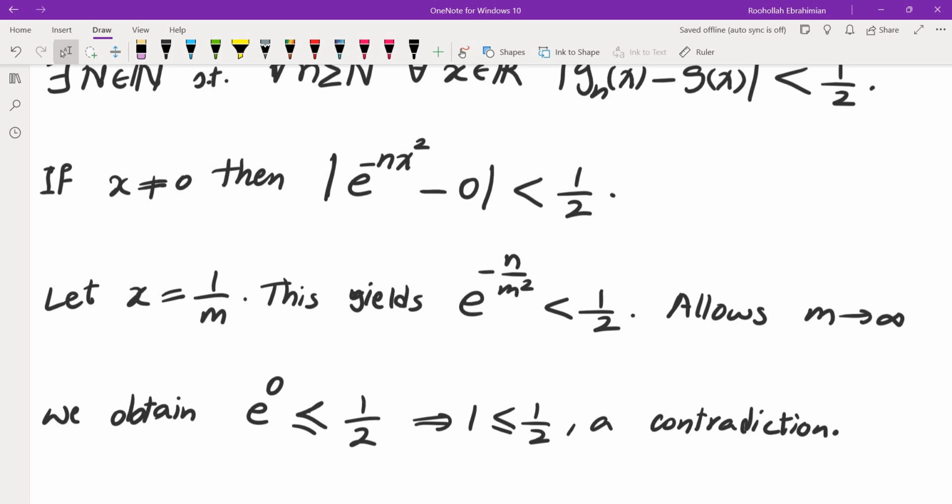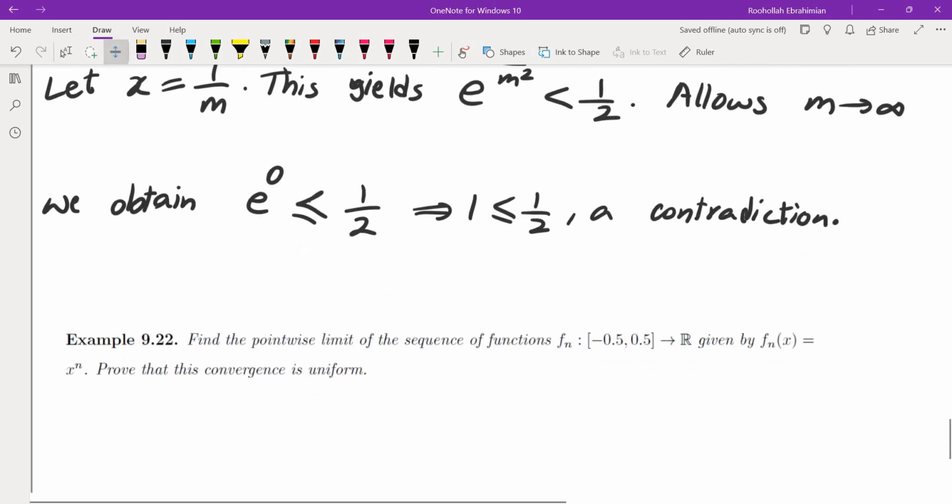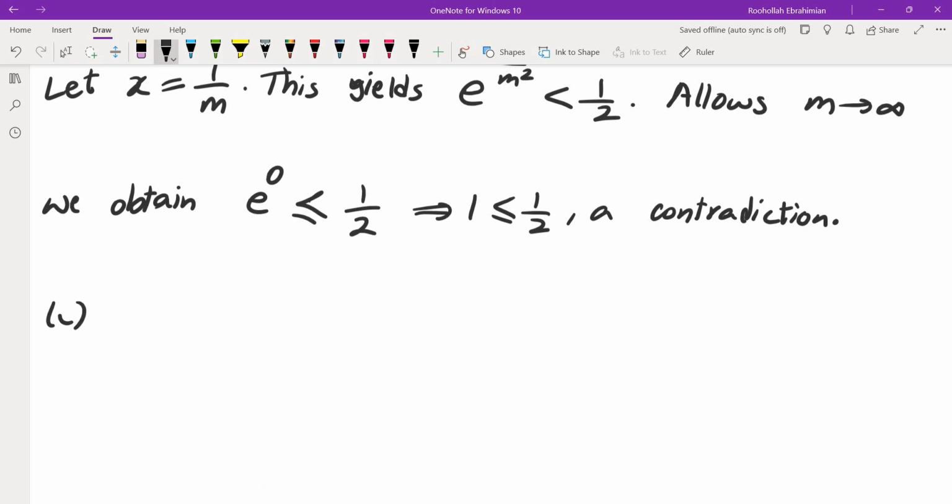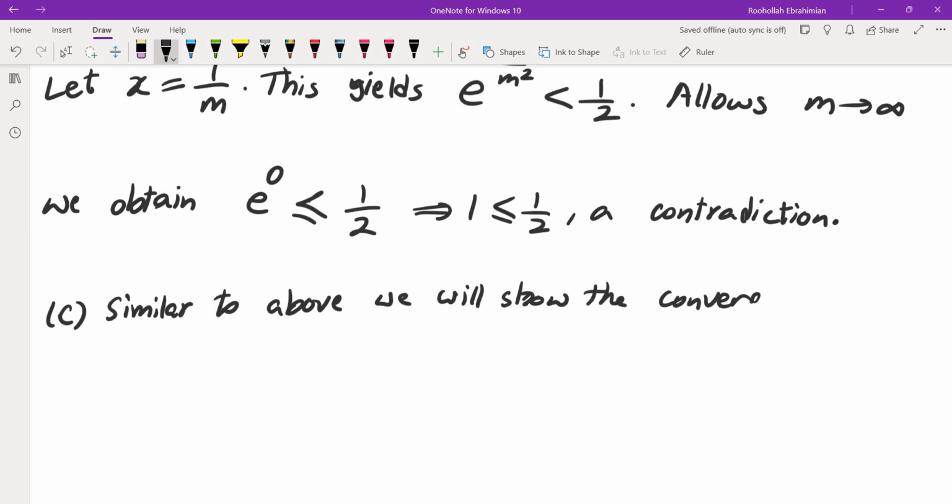Okay, so this convergence is also not uniform. Finally, we will look at the last one. Similar to the previous one, similar to above, we will show the convergence is not uniform.